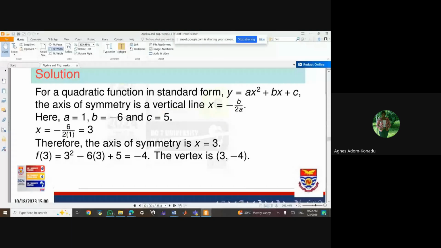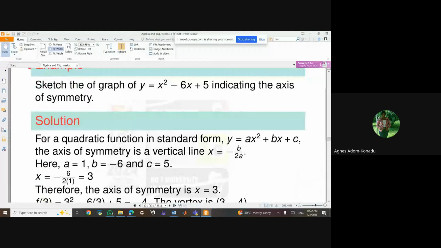Then my other point: this is the same as my p. To find q, it is f of p, or f of minus b over 2a. When I substitute 3 into the equation, I get minus 4. So my vertex is (3, -4). We can also find the x-intercepts by equating it to 0.